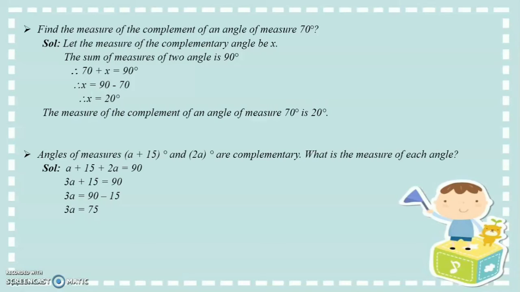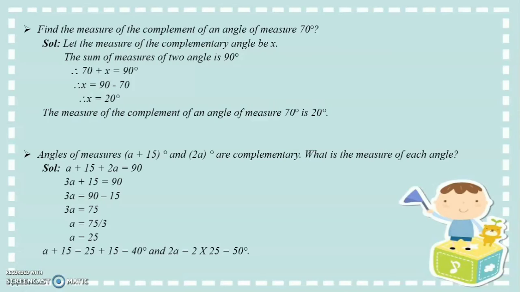Now we will shift the 3 which is multiplied to a to the right hand side. When you shift the 3 which is multiplied to a to the right hand side, it gets divided. So we get a is equal to 75 upon 3. When we divide 75 by 3, we get a is equal to 25. So we will substitute: a plus 15 is equal to 25 plus 15.